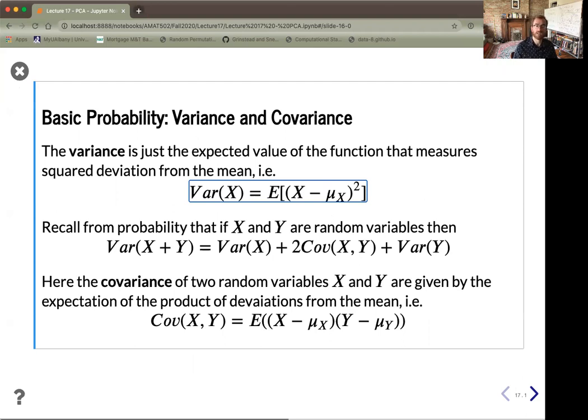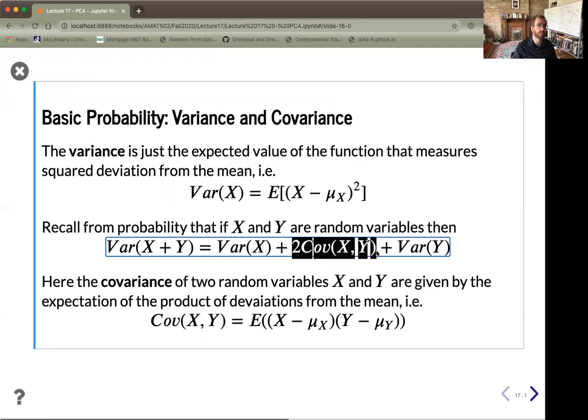One of the beautiful results is that if you want to understand how the sum of two random variables varies, it's not quite the Pythagorean theorem, because there might be covariance, which tracks how correlated two random variables are. So the variance of the sum is the sum of the variances plus 2 times the covariance.